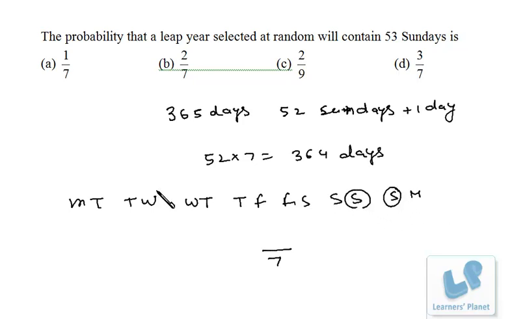So the probability of getting 53 Sundays is 2 by 7 because 52 Sundays are already there in 364 days, right? So in these 2 extra days there are 2 ways of getting Sundays. Okay, so it's 2 by 7. I hope you are clear.